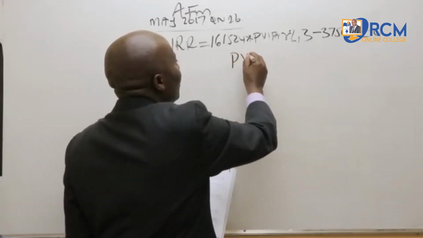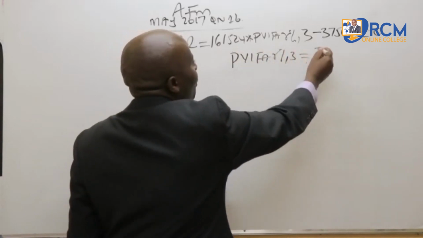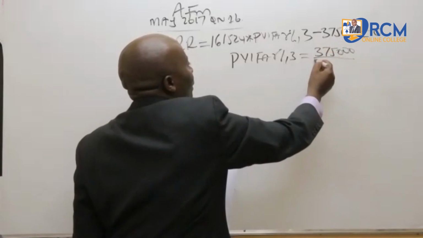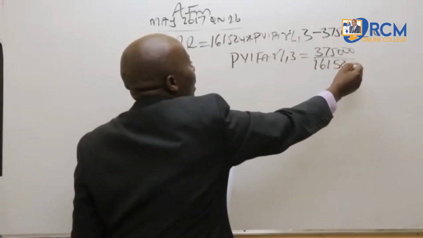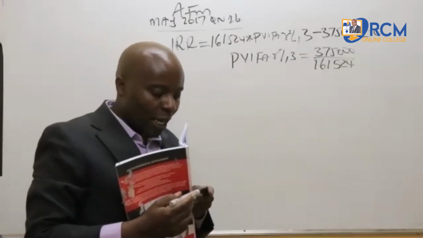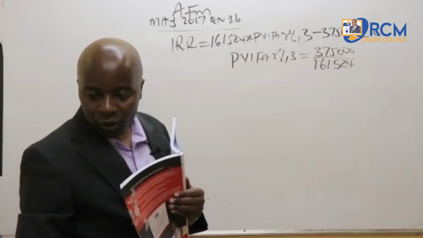If I do that, I will end up getting the PV factor for R percent, 3 years, equals 375,000 over 161,524.